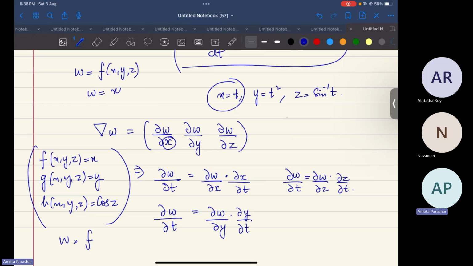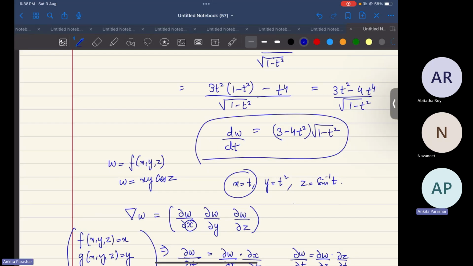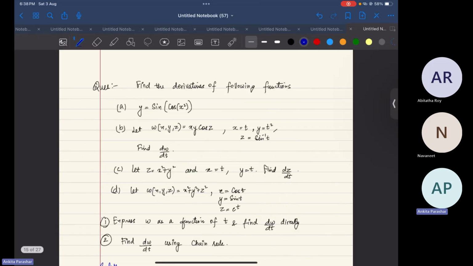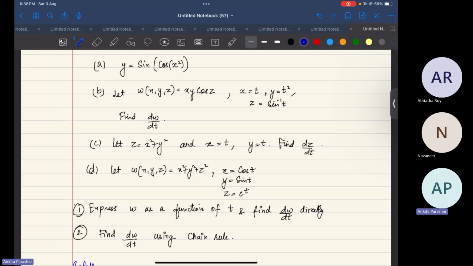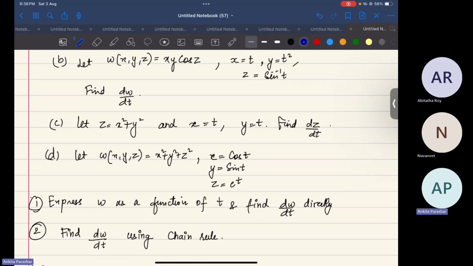W is x y cos z, and I want to write it as a composition of functions. I think the way I have written the variables is confusing me. The x, y, z are further functions. So maybe let's look at some other example where things are not that difficult to see.